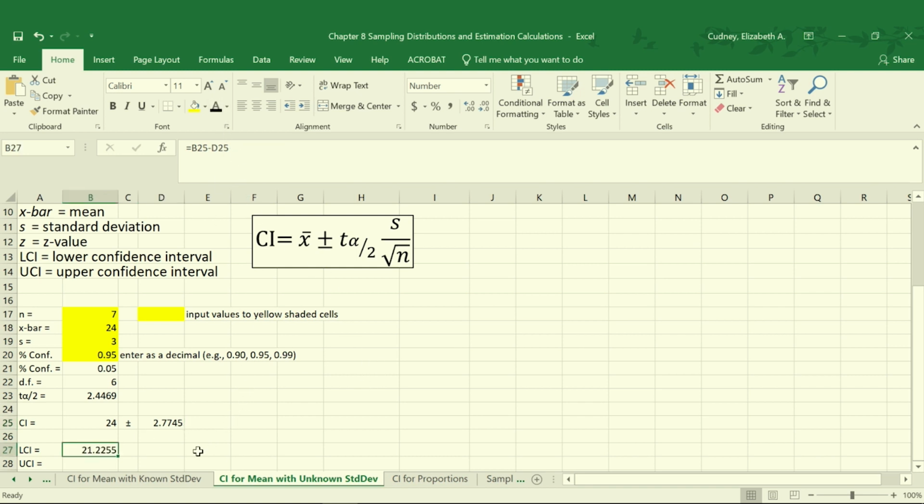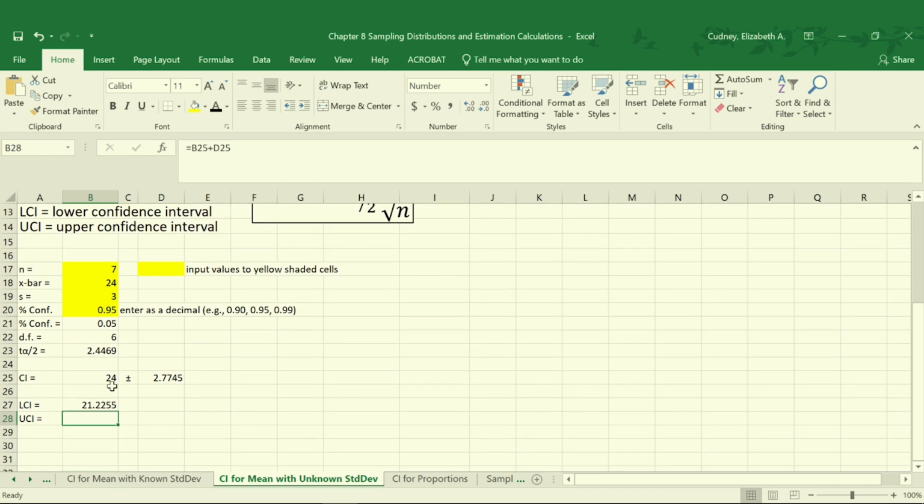So our lower confidence interval will be 24 minus 2.7745, and our upper confidence interval will be 24 plus 2.7745. So we can say with 95% confidence that our values will be between 21.2255 and 26.7745.